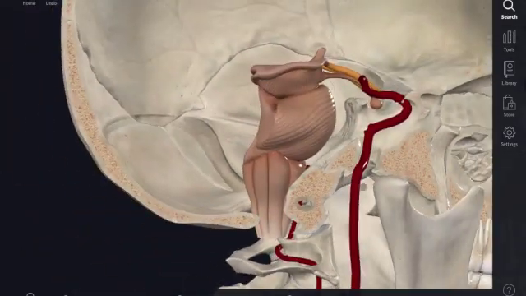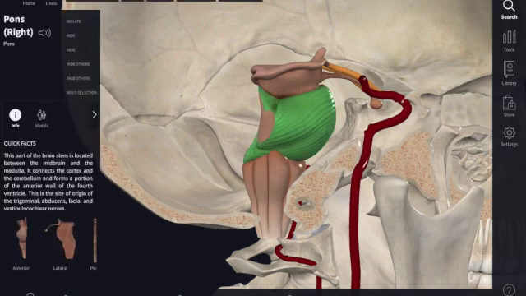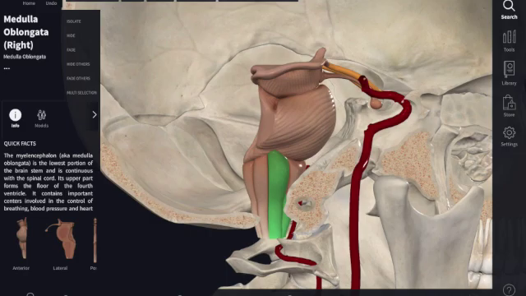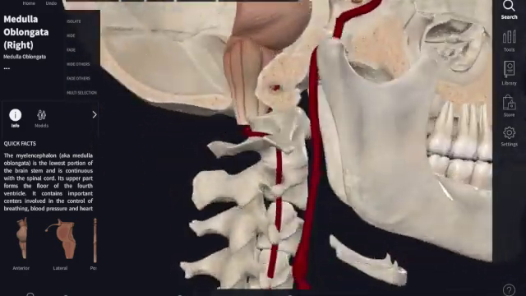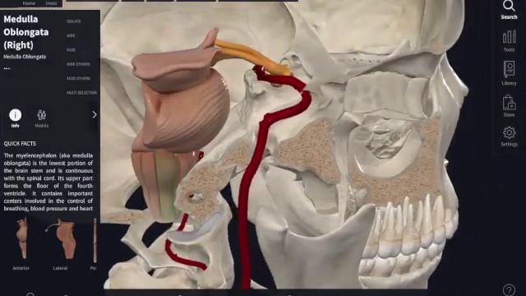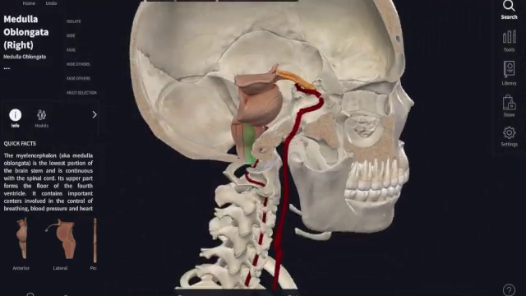You can't see the spinal cord, but there's your pons. Here's your medulla, then your spinal cord below it. That vertebral artery runs just right along with it. It makes that up right there.